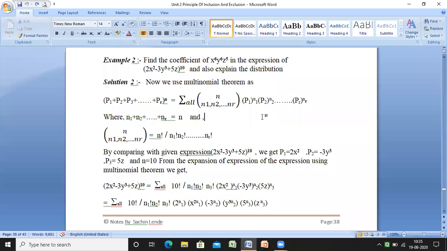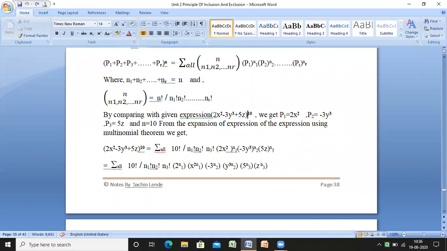So the summation over all n1, n2, n3 till nr of the coefficient multiplied by p1 to the power n1, p2 to the power n2, till pr to the power nr, where n1 plus n2 plus n3 till nr equals n. The coefficient is stated as n factorial divided by n1 factorial into n2 factorial into n3 factorial till nr factorial.